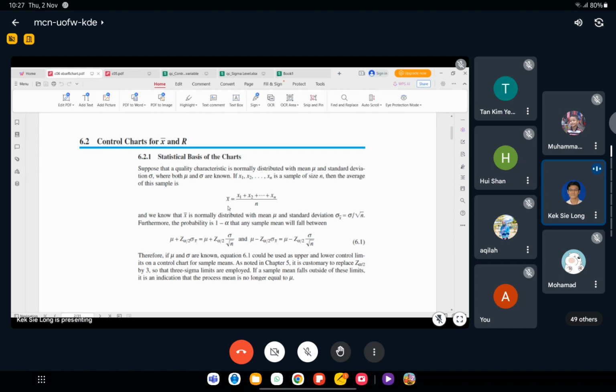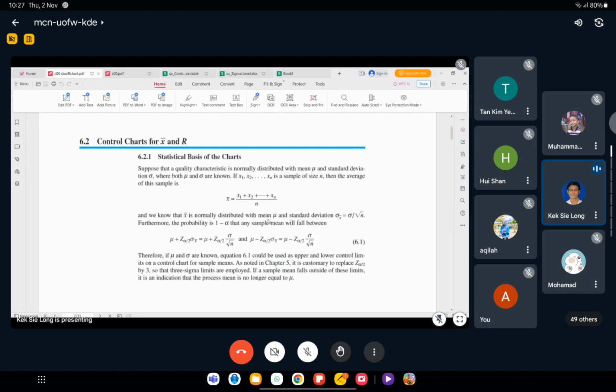We just do the derivation to solidify our understanding. X bar is normally distributed with mean mu and standard deviation sigma x bar equal to sigma over square root of n.